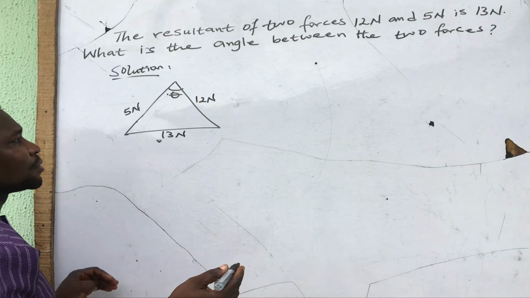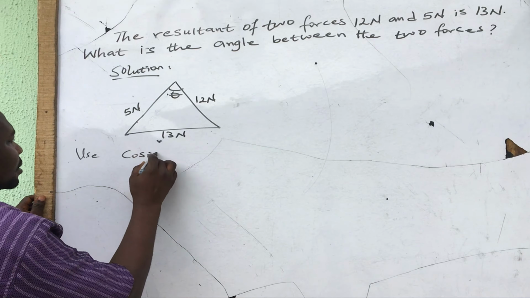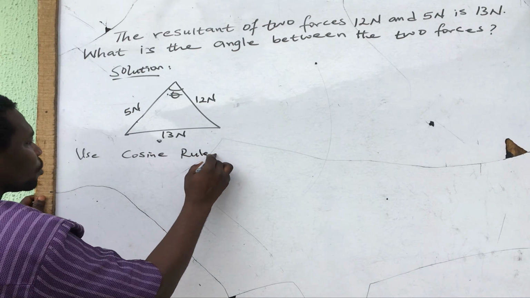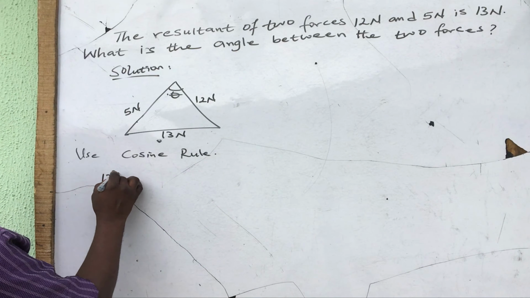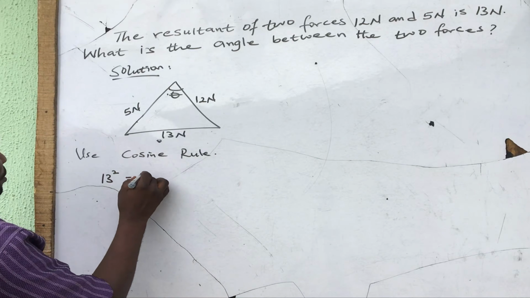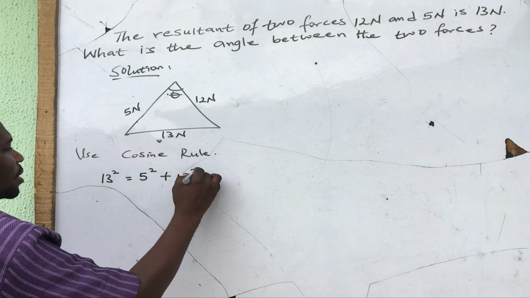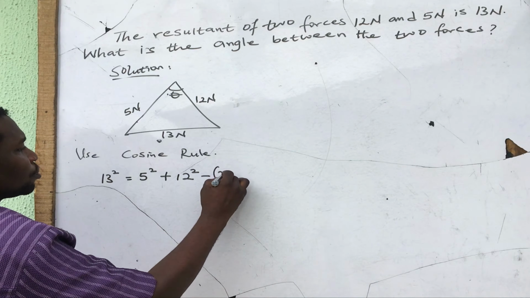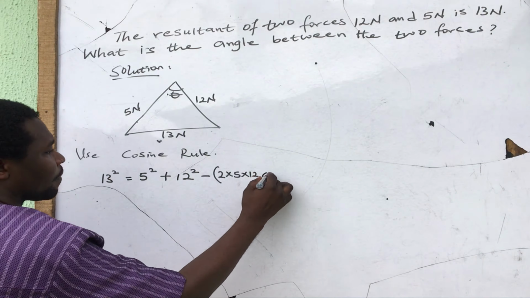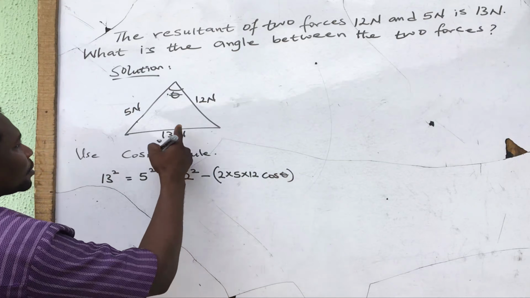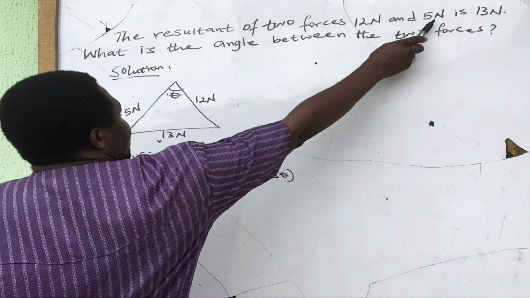So if you look, you can use the cosine rule. So having 13 squared equals 5 squared plus 12 squared minus 2 times 5 times 12 cos theta. Theta is unknown, that's the angle between the two forces, 12 Newton and 5 Newton.